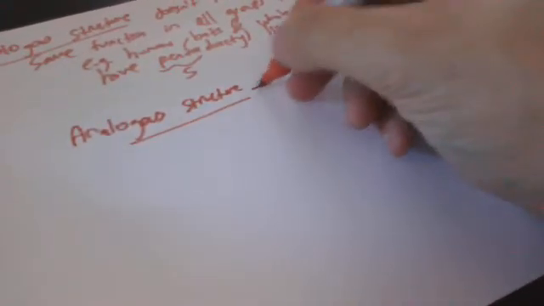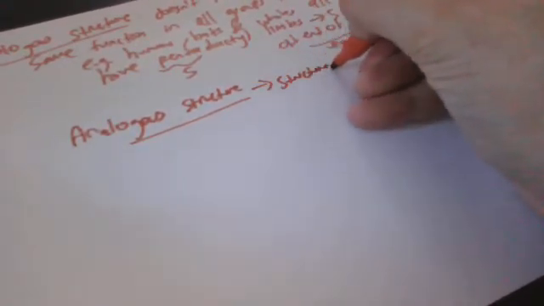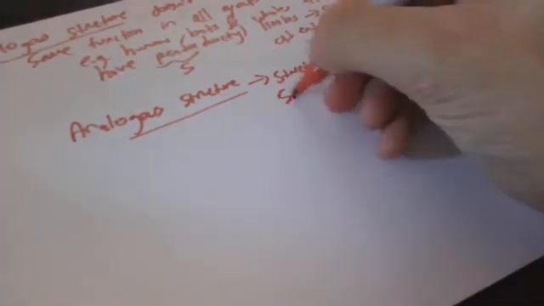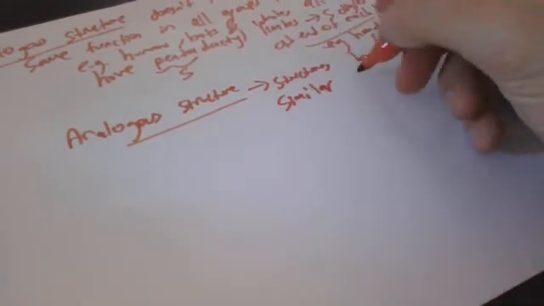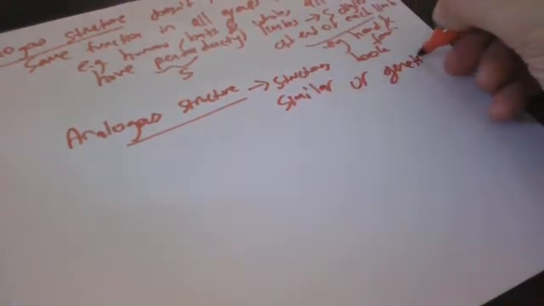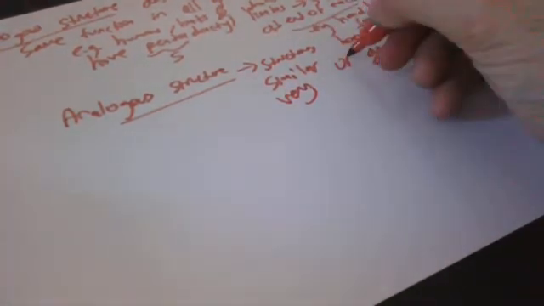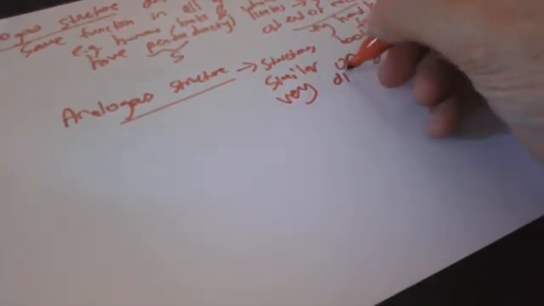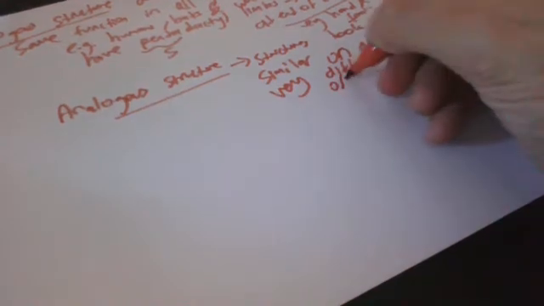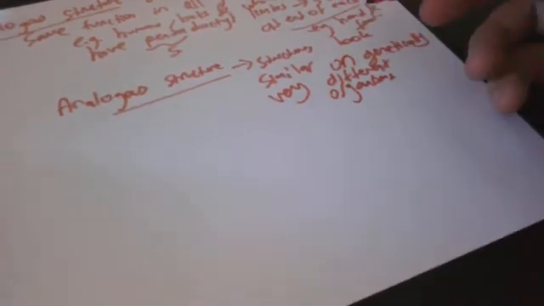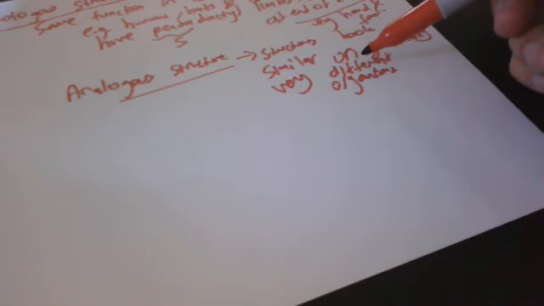Now, I want to define an analogous structure. These are structures that look similar on genetically different organisms.